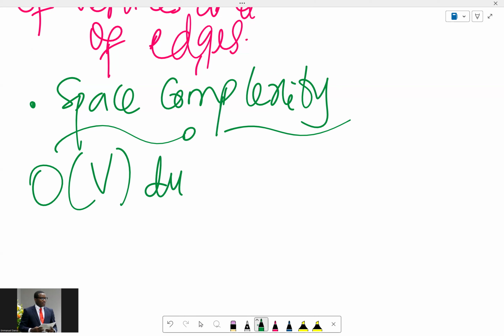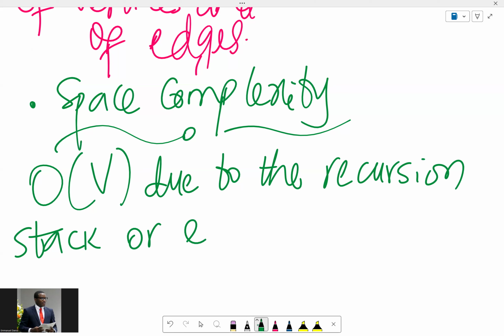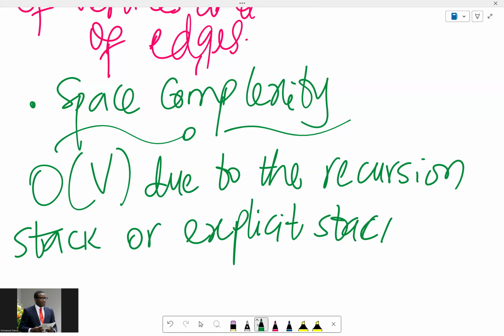And this is due to the recursion stack, or the explicit stack. Basically, all this is about the backtracking that we end up doing.